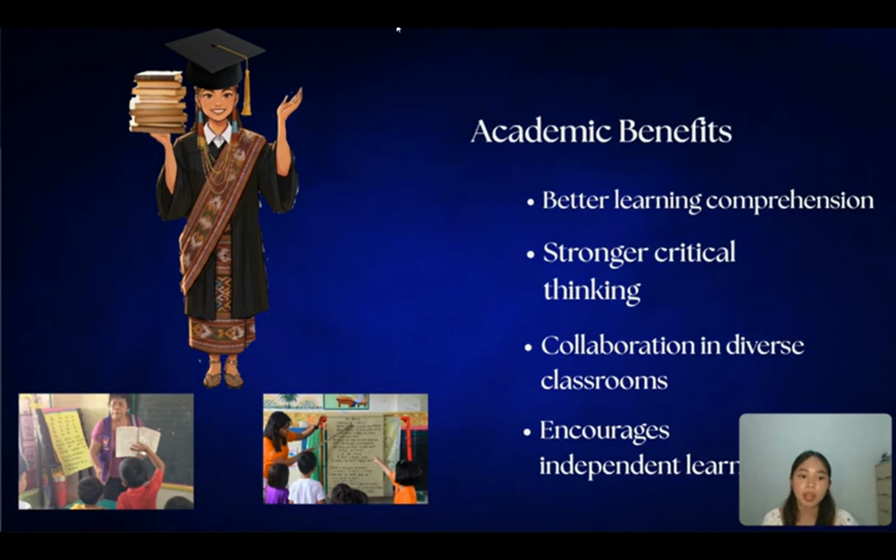That book in her hands represents not just paper, but her foundation. How much more could our youth achieve if we gave them the right tools to think for themselves, right?